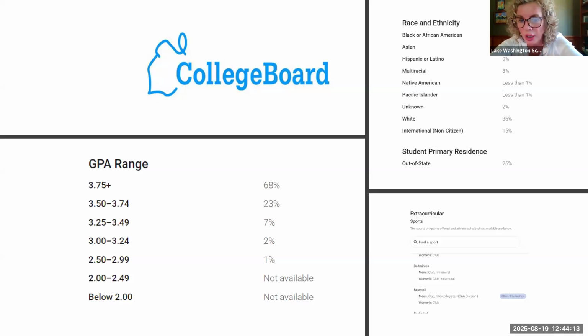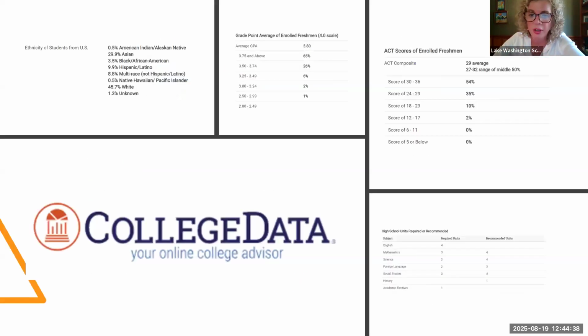Here you can see that 91% of admitted students applying to the University of Washington, Seattle have a 3.5 or higher. You can see a breakdown of race and ethnicity. If you're somebody who says, man, I would love to go to college football games or basketball games, or I want to play club soccer, whatever it is, you can search for all that.